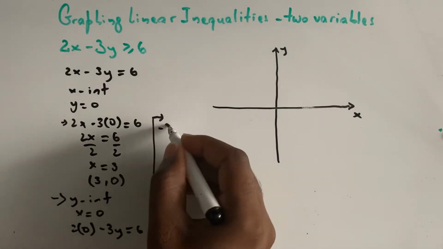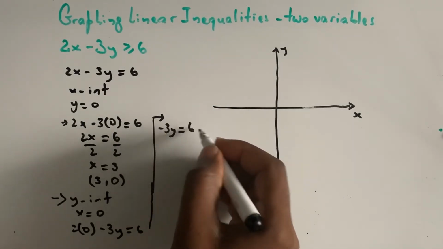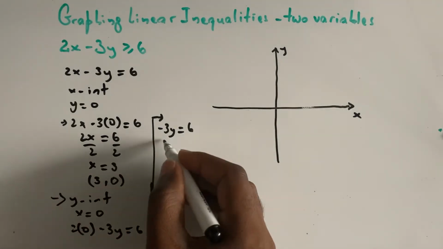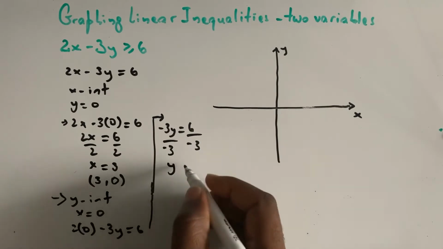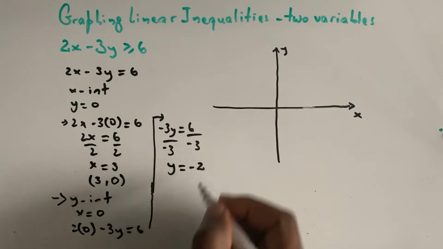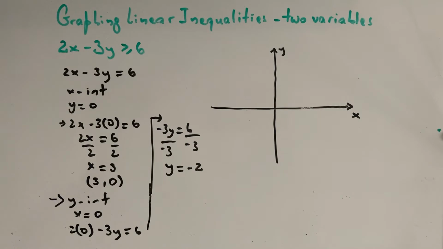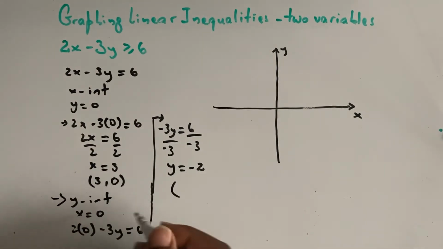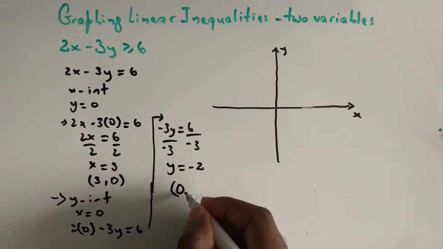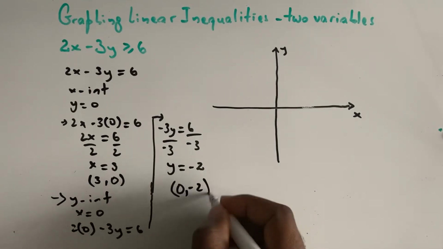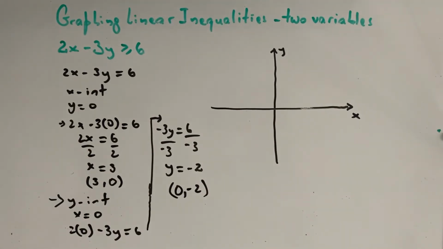Then I'll have negative 3y equals 6, and I'll divide both sides by negative 3. I'll have y equals negative 2, because 6 divided by negative 3 is negative 2. So the other ordered pair, the y-intercept, would be the x value, which is 0, and the y value, negative 2. So you have 2 points. First point, 3, 0. Second point, 0, negative 2.